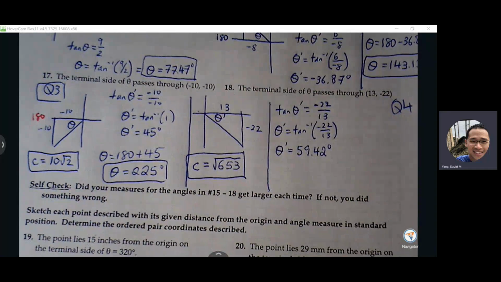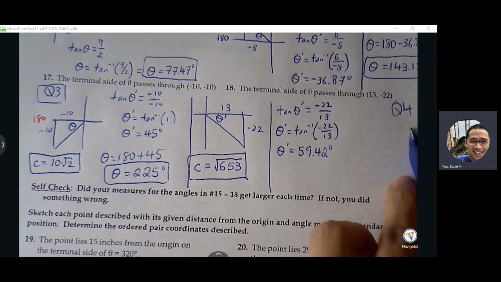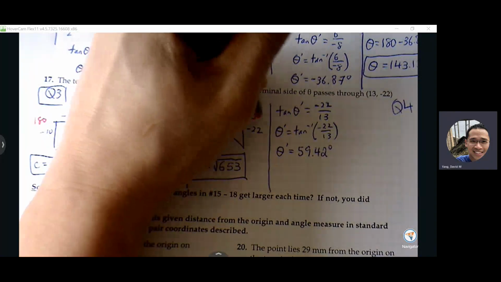Okay, the reference angle is 59.42 degrees, but how do I get this into something that we recognize in the fourth quadrant? Subtract from 360, yeah.